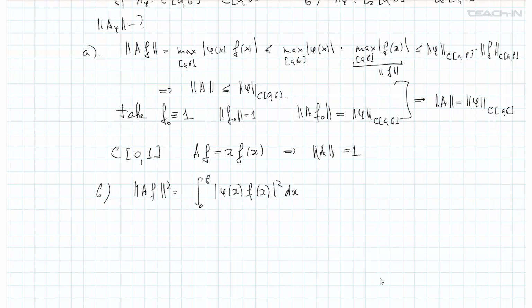And we must do something with this integral and obtain the integral with only function f, because the norm in L2 is the integral of f squared. So we can take out of the integral the maximum value of phi squared, yes?